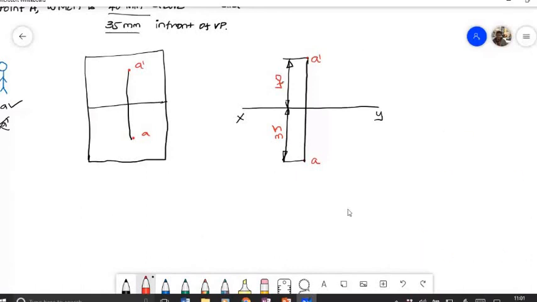And I'll tell you this: a reference line should be drawn with a 2H pencil. The point should be dark, drawn with an HB pencil, and the text should be with an HB pencil. And what is the name of this line?